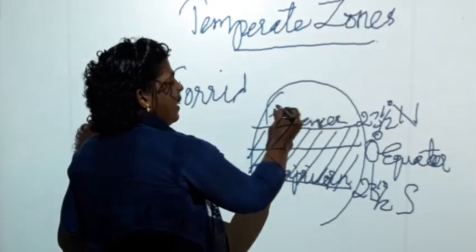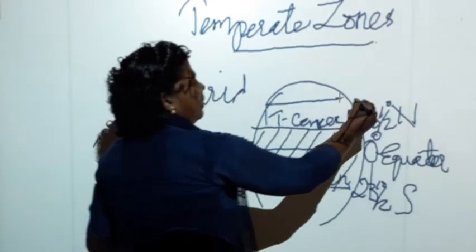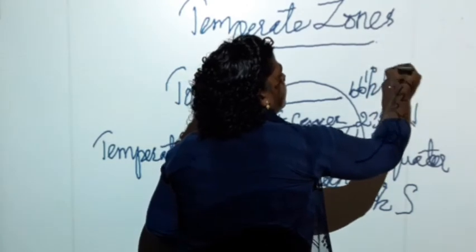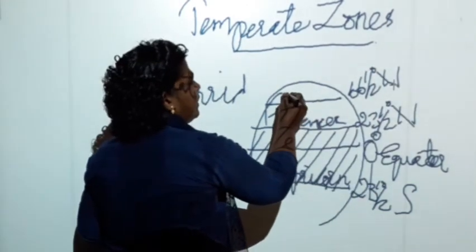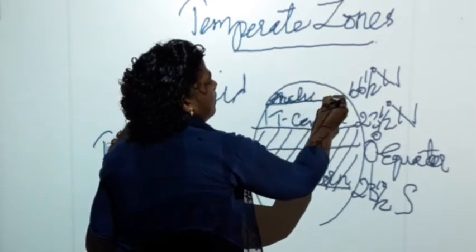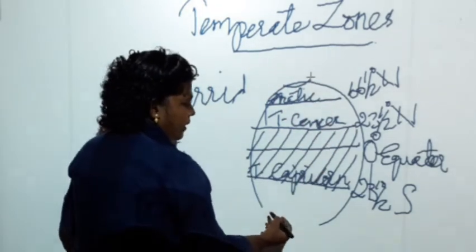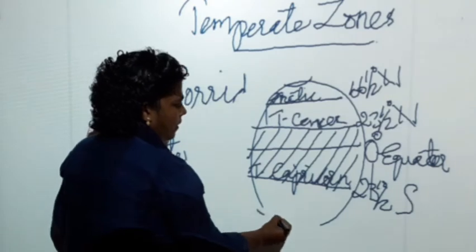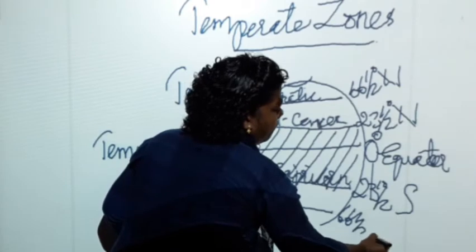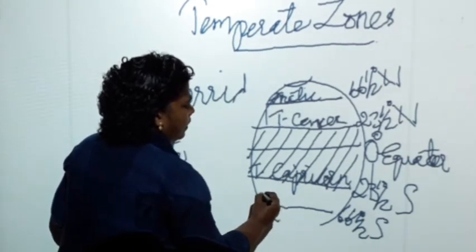Above the Tropic of Cancer, 66.5 degree north, this is Arctic Circle, and below the Tropic of Capricorn, 66.5 degree south, this is Antarctic Circle.